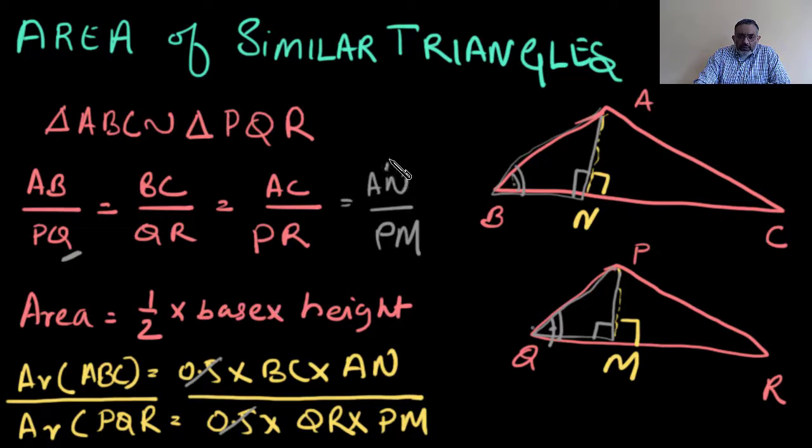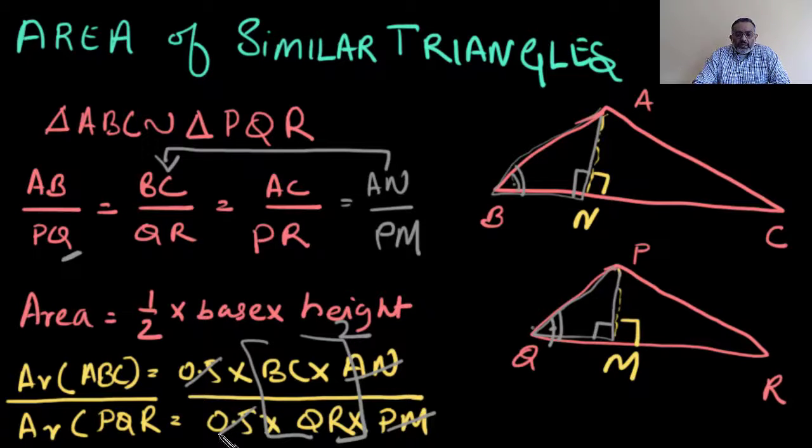Now you can see that this is equal to BC by QR from the previous expression. So AN by PM can be written as BC by QR itself, or the square of this BC by QR. All right, so there you have it. That is the relationship. So let me clean this up and write it again.